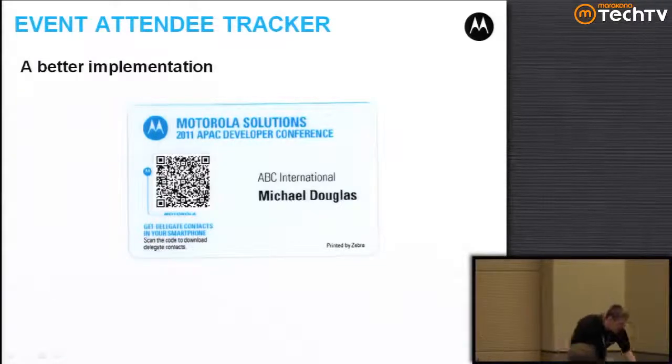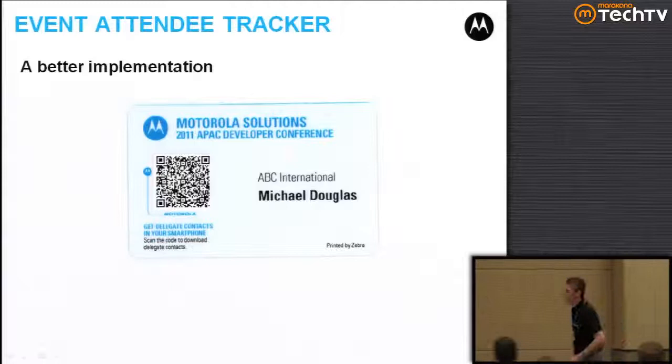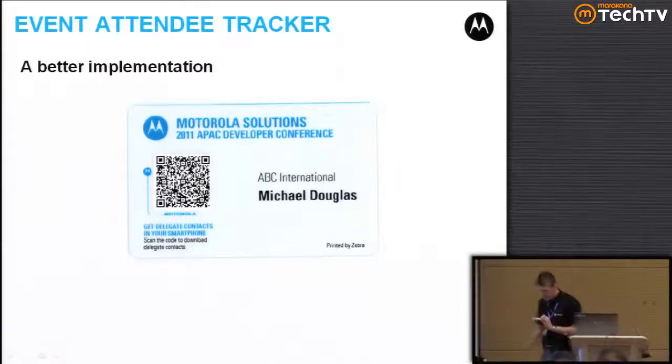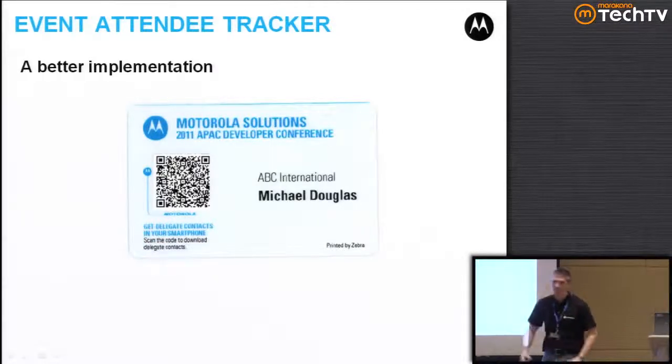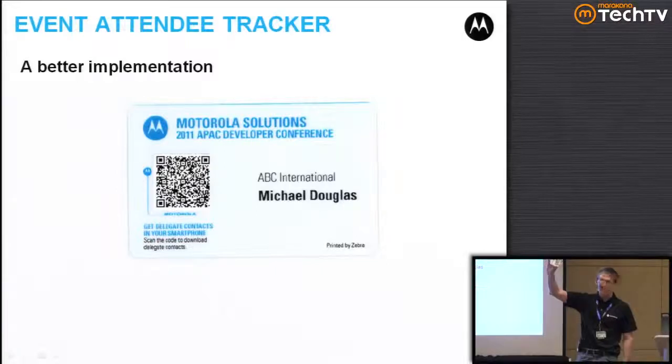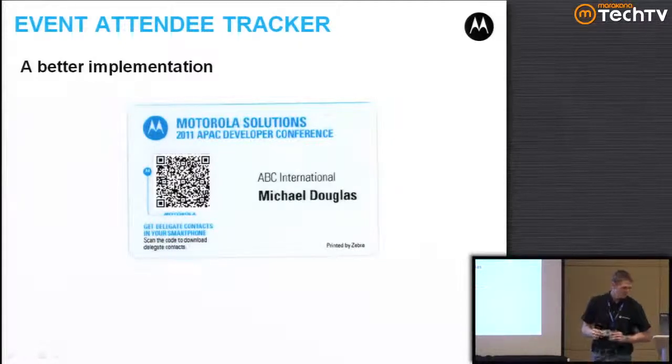We had a similar thing at the European, the EMEA conference in Barcelona, which I was invited to. This is my card from Barcelona, and you could scan it, and that contains your name and your organization, and probably a couple of other things that I've forgotten.